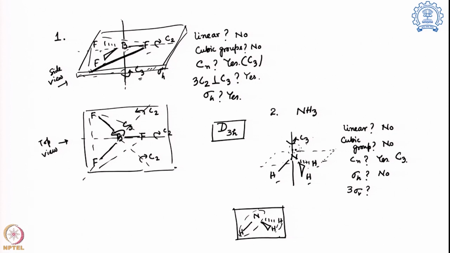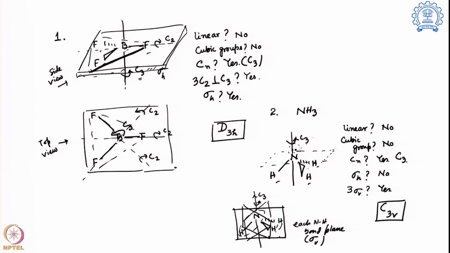So, it is a superimposable and indistinguishable structure, and that is going to happen in 3 different places, one for each NH bond. So, those will be sigma v planes, because each of them contains the principal axis C3. So, that is why there are 3 sigma v's, and yes, it is present. So, the point group of this molecule will be C3v.